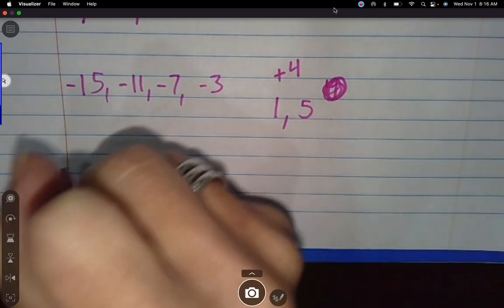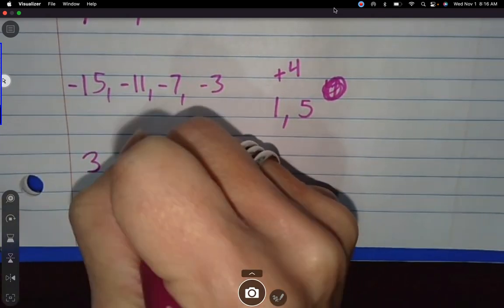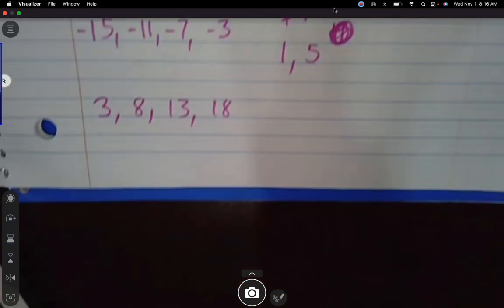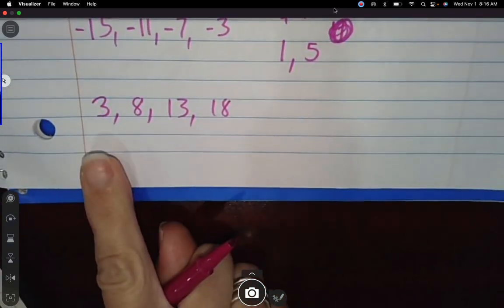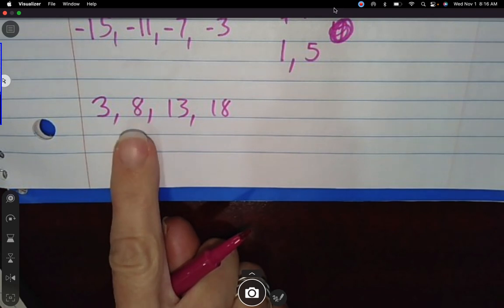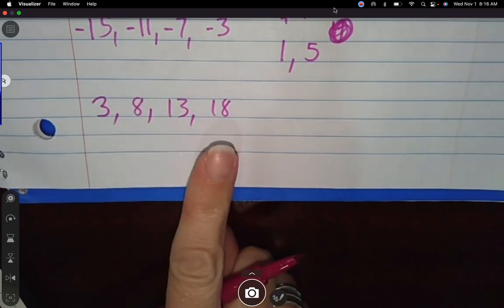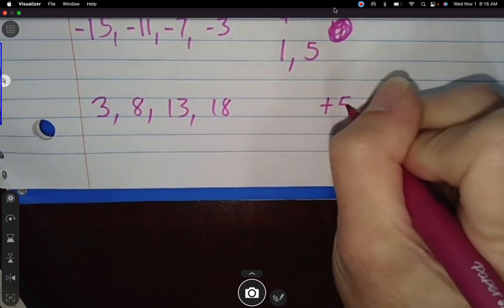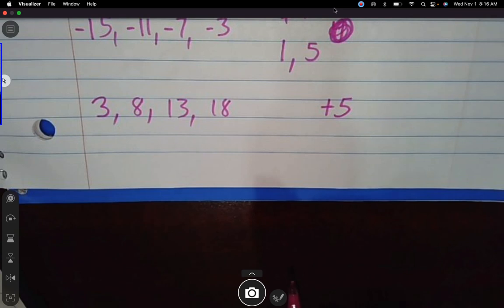So this one goes from 3 to 8 to 13 to 18. Is this arithmetic? Are we adding or subtracting the same number? Yes. What is it? Yeah, we're adding 5. So I would put plus 5, and then I find my next two terms.